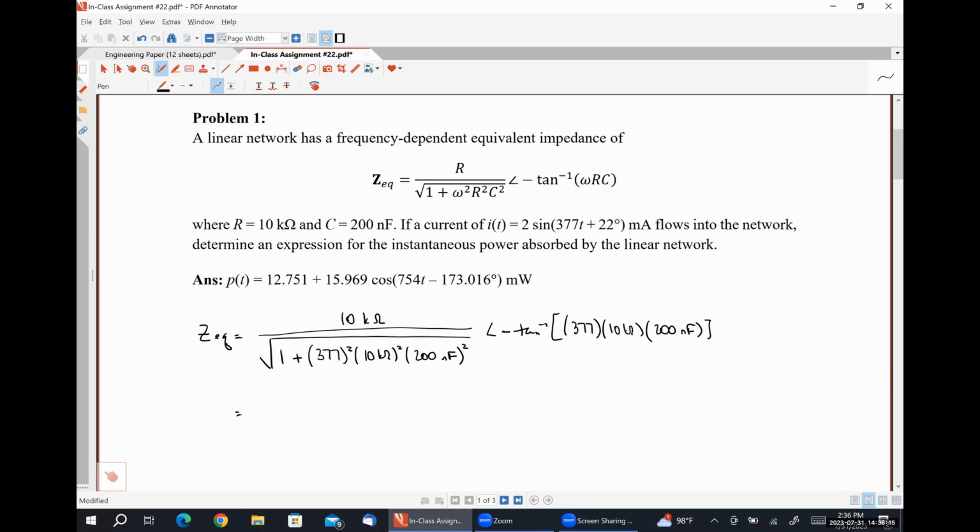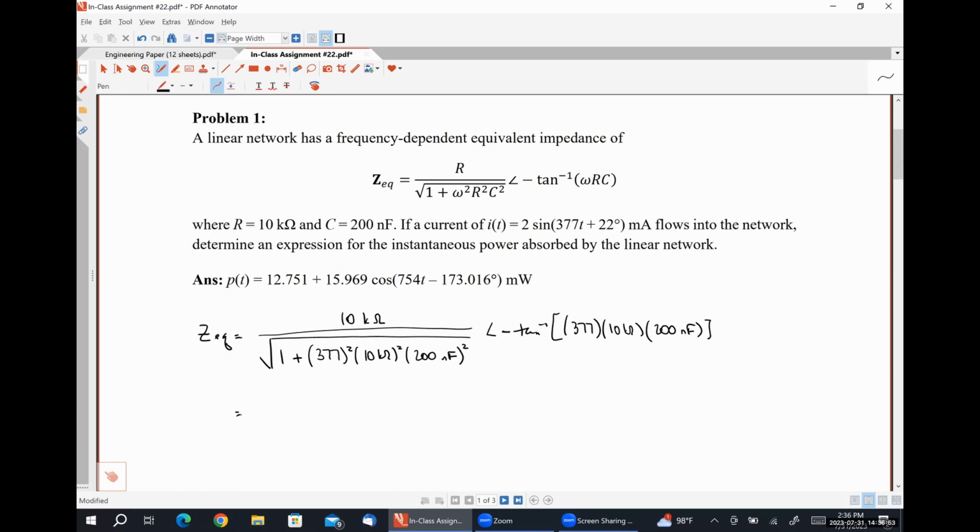So I'm going to throw this into my calculator in two parts. I'm going to do the magnitude first. So 10 times 10 to the 3 divided by the square root of 1 plus 377 squared, 10 times 10 to the 3 squared, and then 200 times 10 to the minus 9 squared.